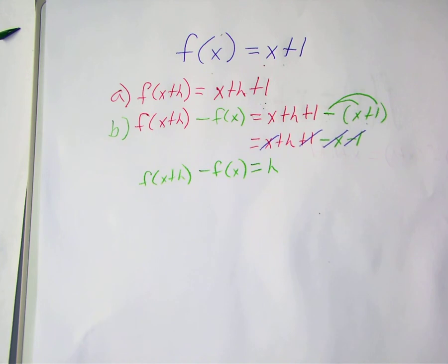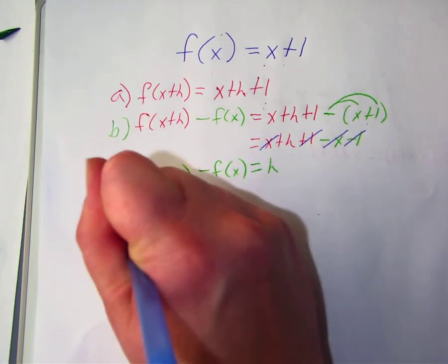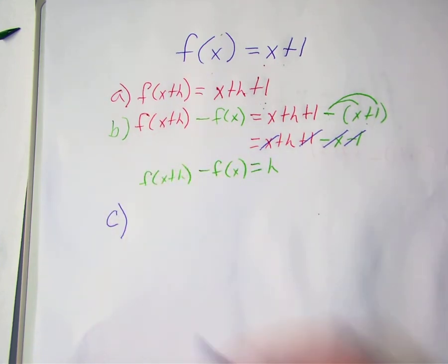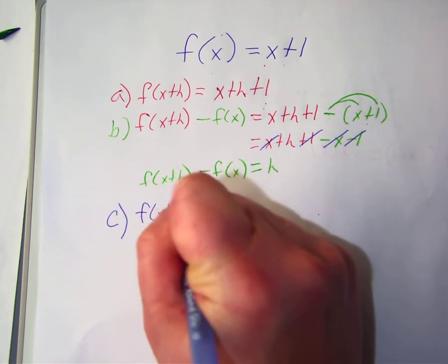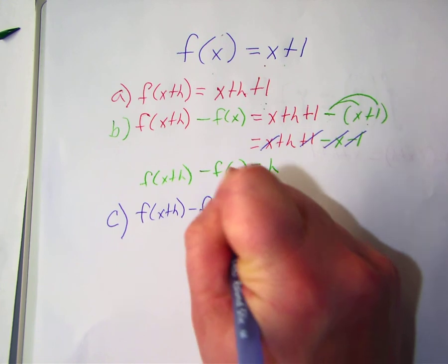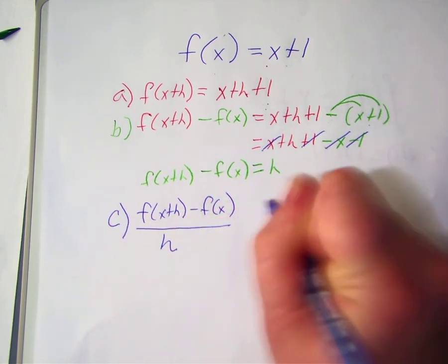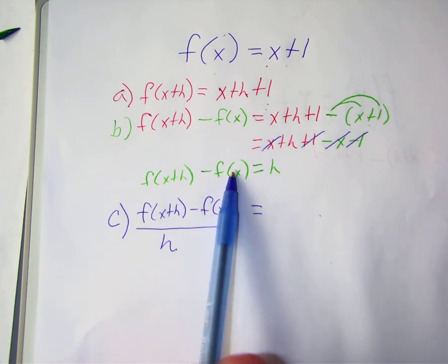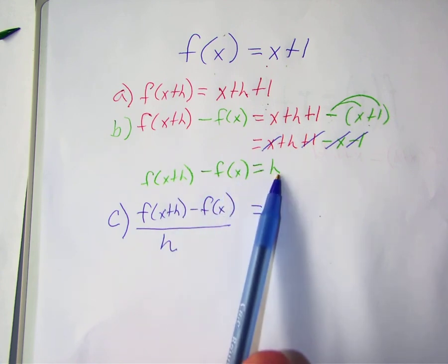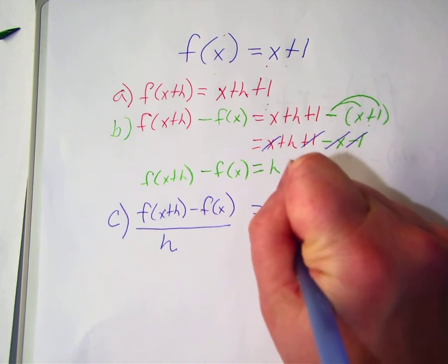That's step B. Step C is to divide all of that by h. We have f of x plus h minus f of x, divided by h, equals, well, f of x plus h minus f of x is h. We already found that in step B. So I'm just going to rewrite this here.